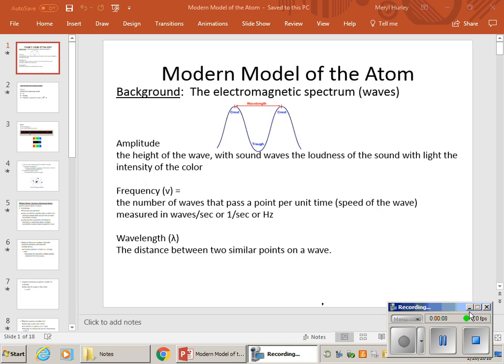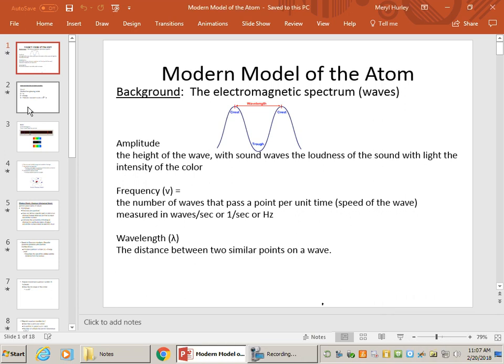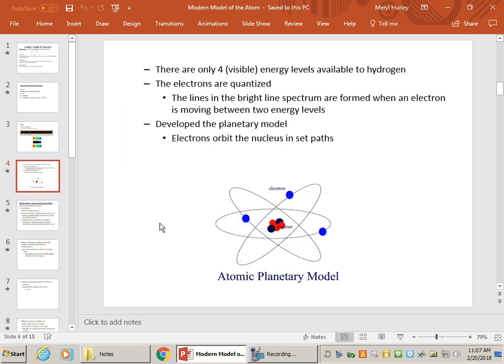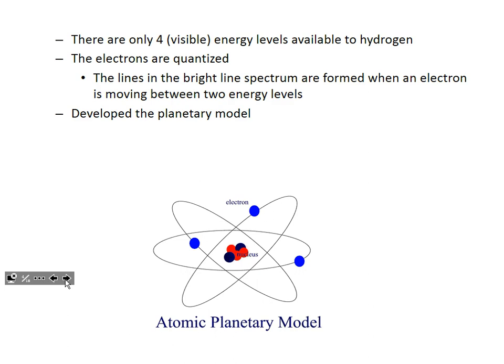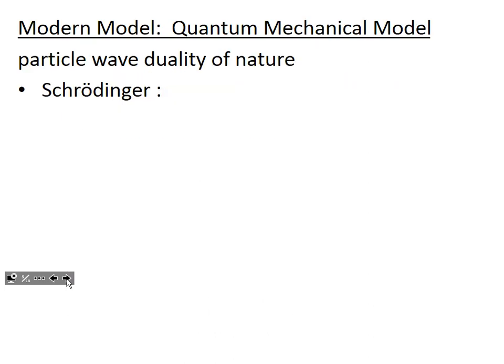So we are back looking at our models of the atoms, and where we left off was Bohr's model of the atom, who had this planetary model. He was describing the electron movements as orbiting the nucleus of the atom in a set path. And what we're looking at now is the modern model of the atom, which is like Bohr in that it says the electrons in the atoms are still quantized.